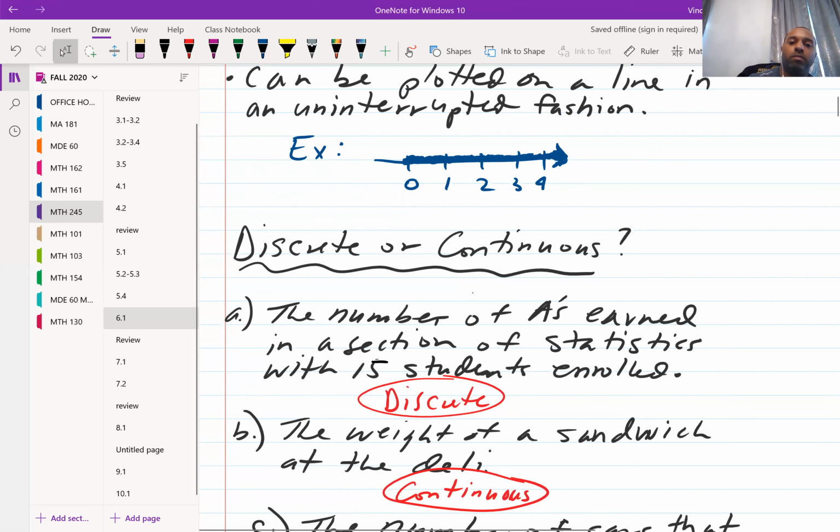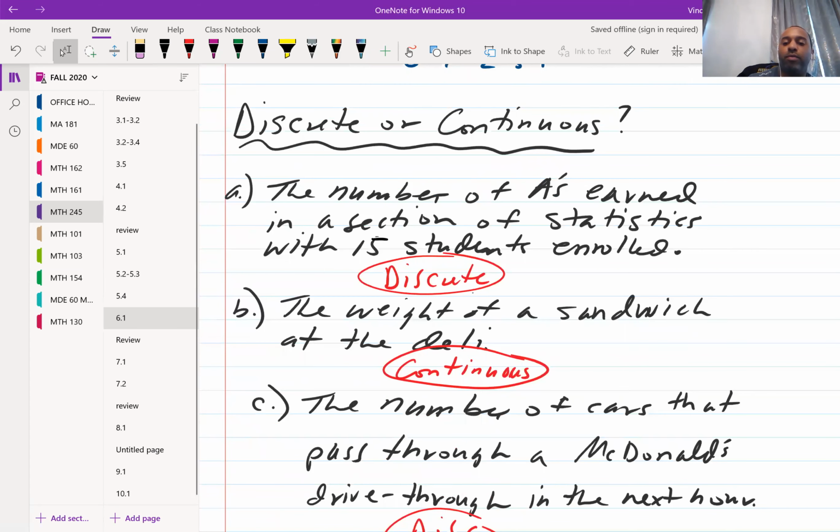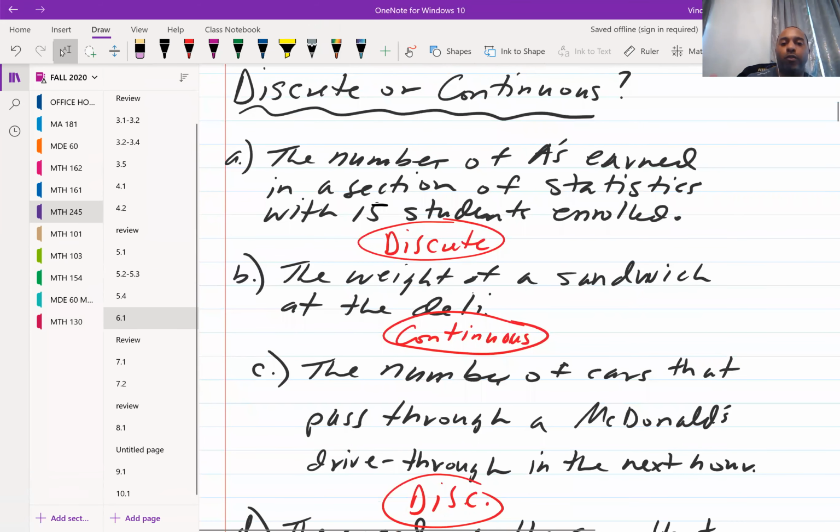All right. Next one, the number of cars that pass through a McDonald's drive-through in the next hour. That would be discrete. Four cars pass through the McDonald's drive-through, or it's 5 cars, or it's 10 cars. So that's a number that's countable, and that's why it's considered discrete.